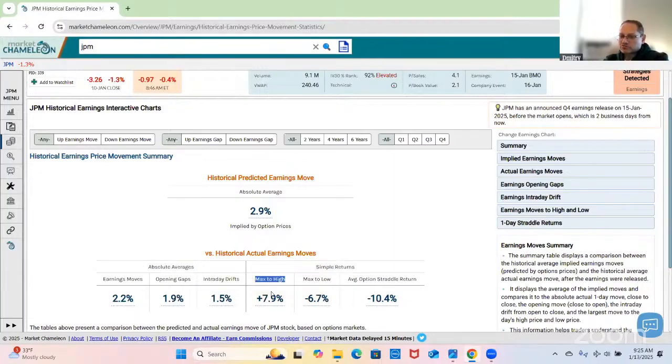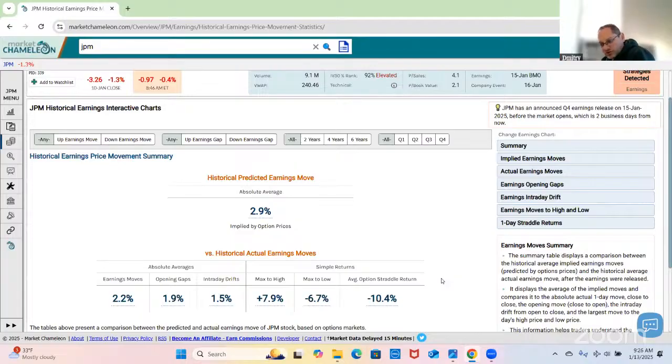The simple returns looking at the max move to the high from the open, from the close to the high, from the close to the low. And this is looking at the average straddle return. Because we have 5 minutes left, I'm just going to talk about what is the average straddle return.